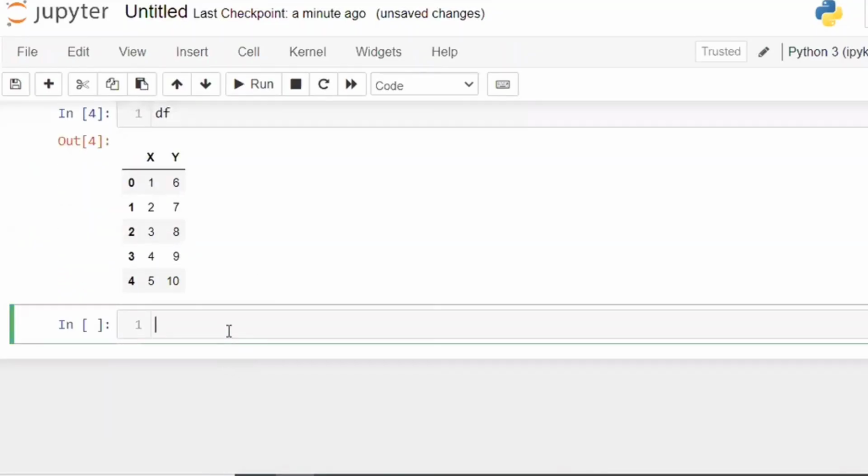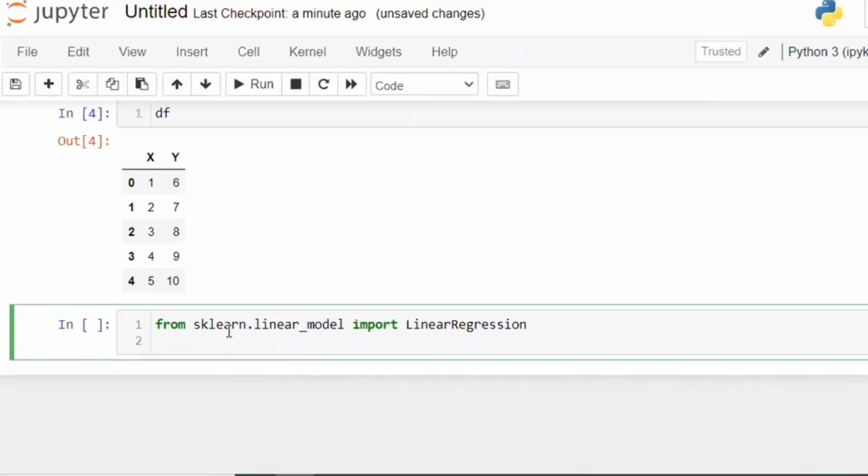Now, from sklearn.linear_model import LinearRegression. This LinearRegression, whatever I have imported, is the algorithm name.